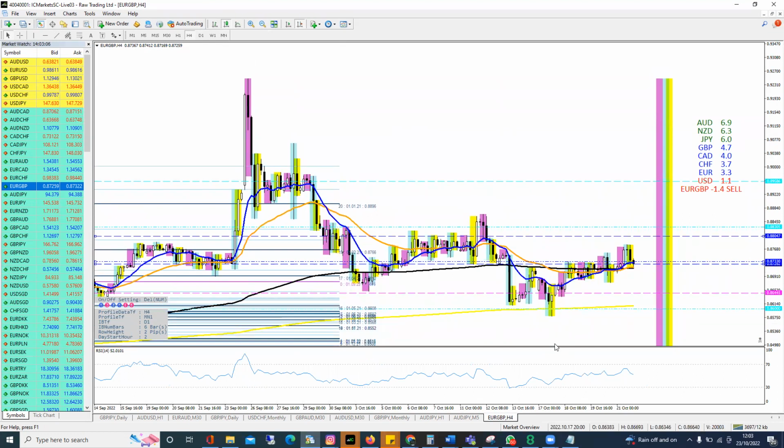And that is one thing that we have to pay attention to: if we move from this high to this low, back to this high, then to this low, back to this lower high, then to this low, back to this lower high, then to this low.